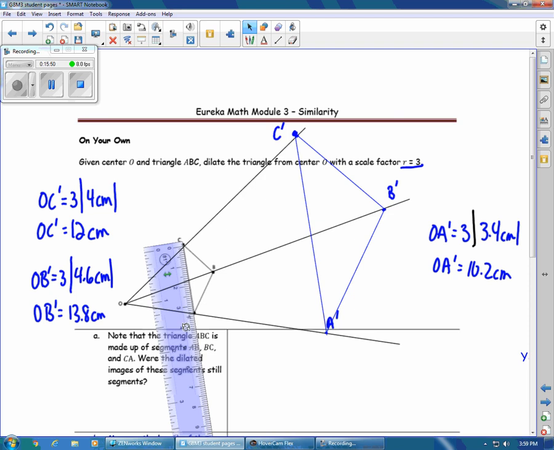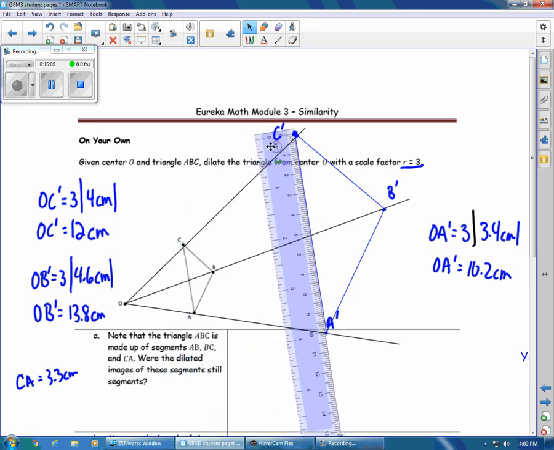So I'm looking at about 3.3 centimeters, so CA. I'm just going to make a mark over here, 3.3 centimeters. So 3.3 times 3. I'm going to expect C prime A prime to be 9.9 with my scale. Again, yours might be a little bit different than mine, but when I'm measuring mine, I'm right at about 9.9. So again, everything has grown proportionally.